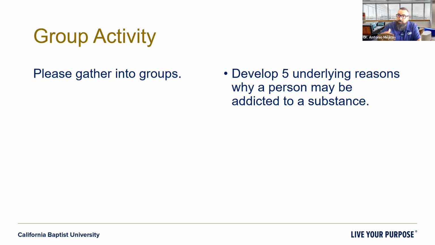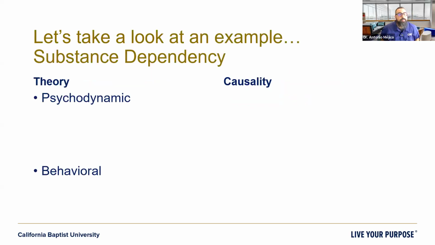We'll look at our contextual theorists or cognitive theorists, and we'll see what they have to say. So let's look at this issue of substance dependency not only from our own eyes, but from the eyes of our theorists. What would these theorists say? And then, as you're holding on to your list and I'm going through the perspectives of these theorists, think about where your theoretical orientation aligns the most, okay?